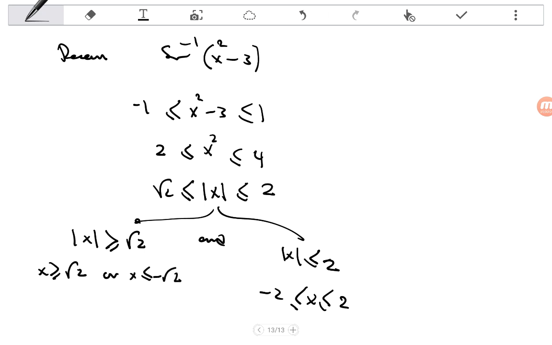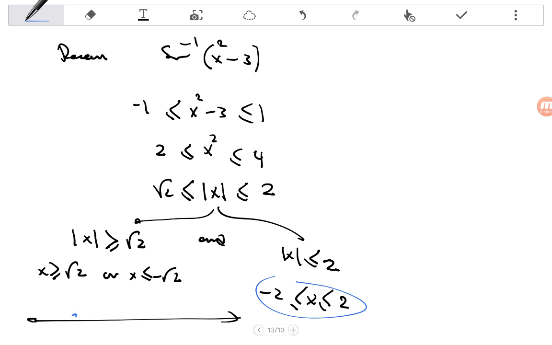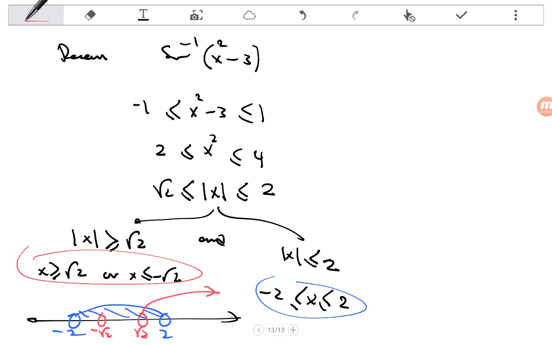If you remember how to solve inequalities with absolutes, that will be this part.